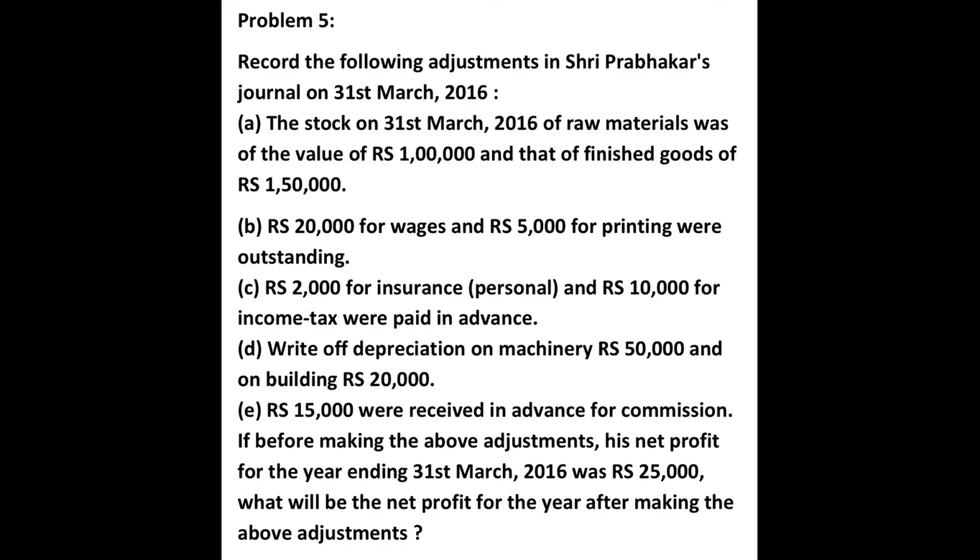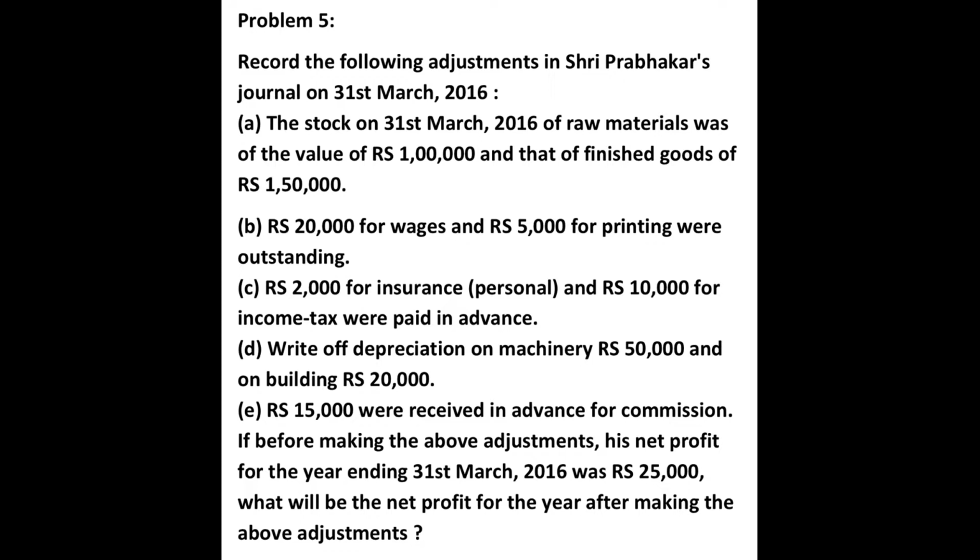Let us see the question first. Record the following adjustments in Sri Prabhakar's journal on 31st March 2016. A. The stock on 31st March 2016 of raw materials was of the value of 1 lakh rupees and that of finished goods of 1,50,000 rupees. B. 20,000 for wages and 5,000 rupees for printing were outstanding. C. 2,000 for insurance, personal, and 10,000 for income tax were paid in advance.